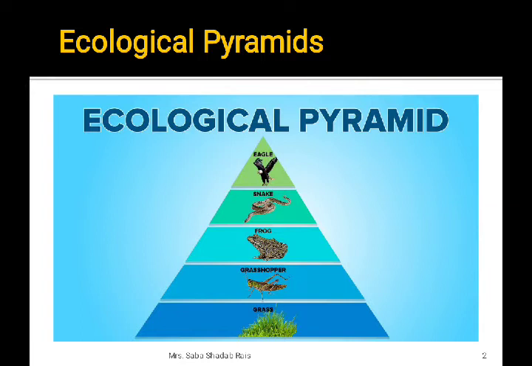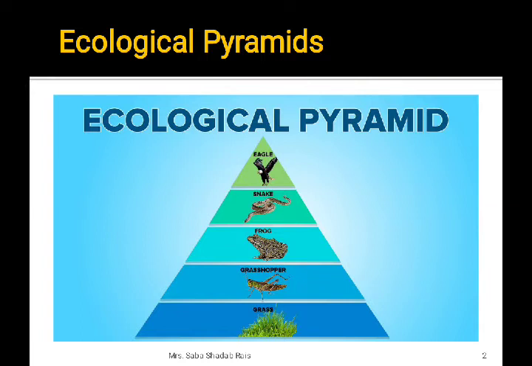Now see students, the number, energy and biomass of the producers is always very high in the ecosystem. Whether you talk about the aquatic ecosystem or the terrestrial ecosystem, you will find that the number of producers is greater.